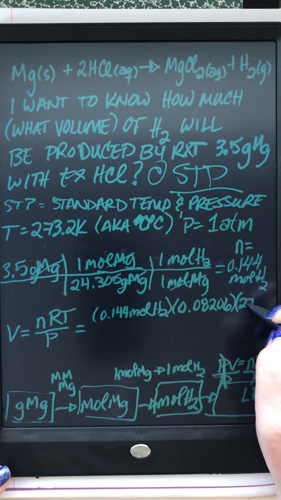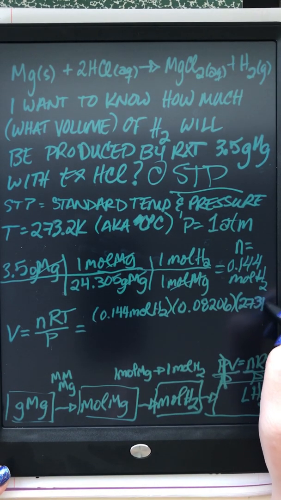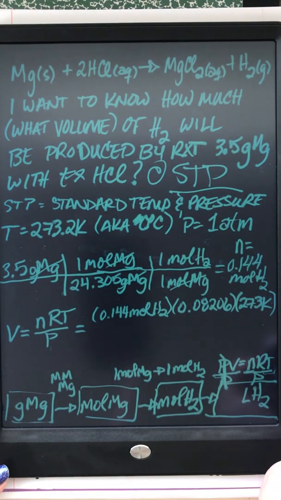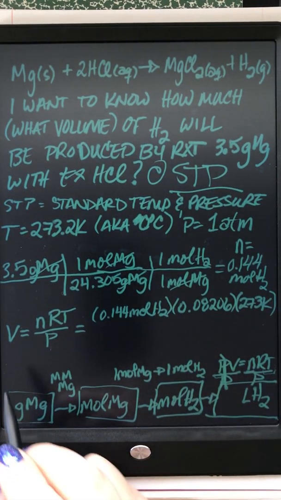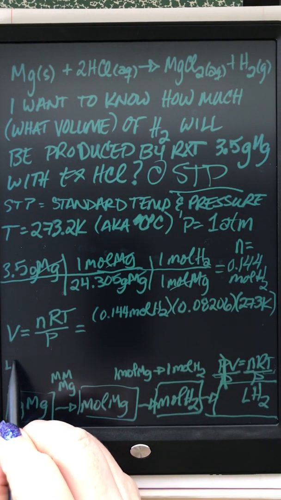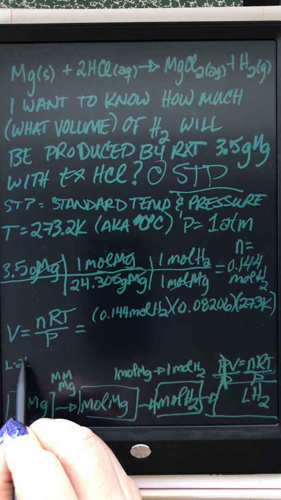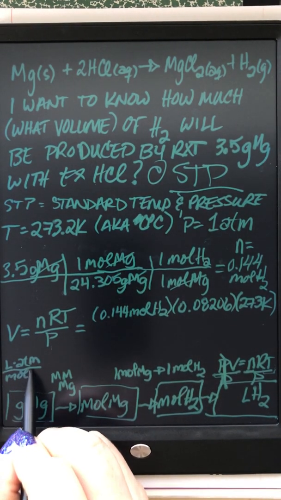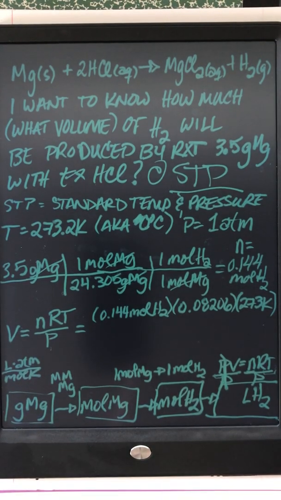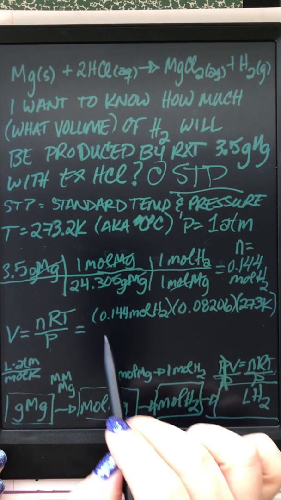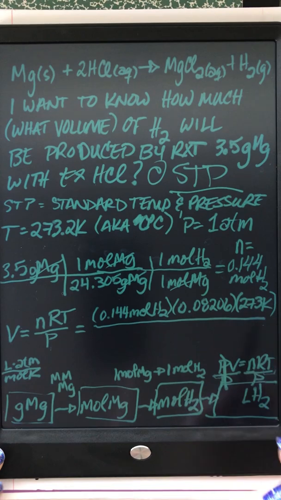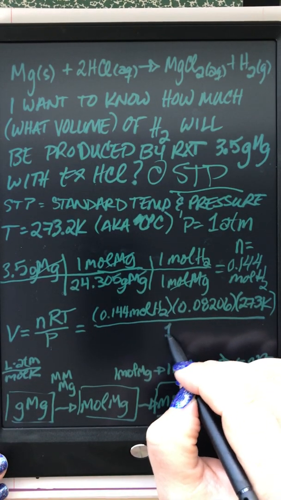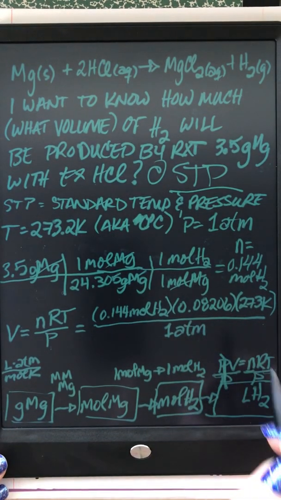And then 273. What is the R unit exactly? The R unit is liters times atmospheres divided by moles Kelvin. And it's always the same number, right? And all of that will be divided by 1 atmosphere.